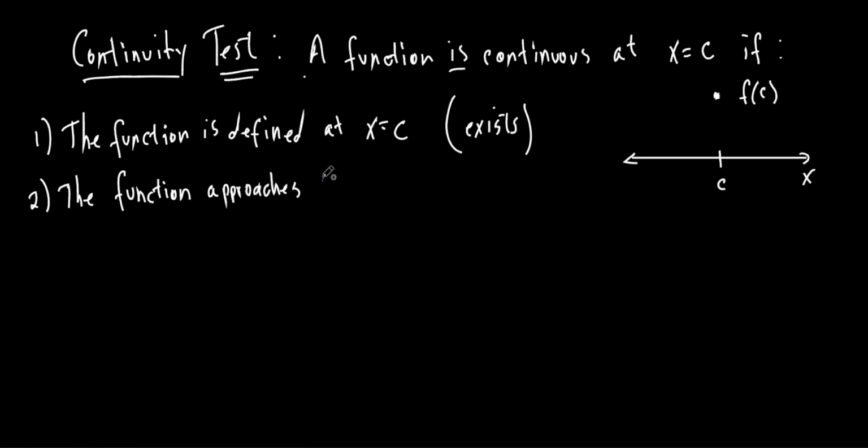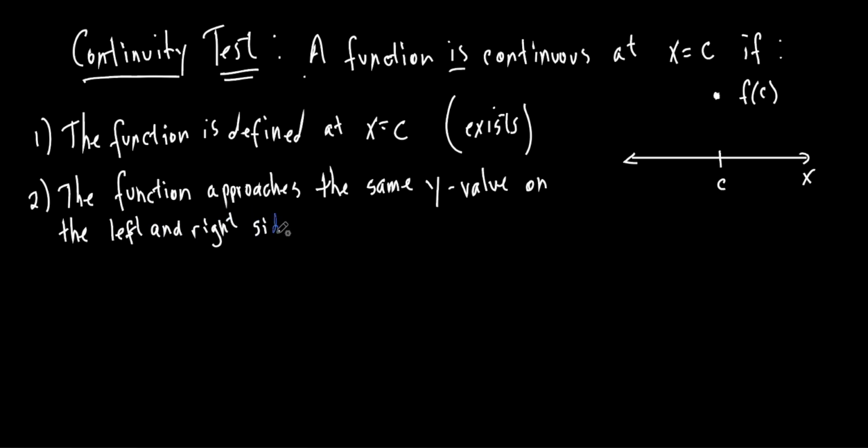the same y value. Now again, I understand, writing this stuff down, you probably won't have any idea what this is talking about. But after we do a couple examples, you're going to look back on it and say, okay, now I think I see what he was talking about. On the left and right sides of x equals c. It should be right in your book as well, but I'm just writing it down.